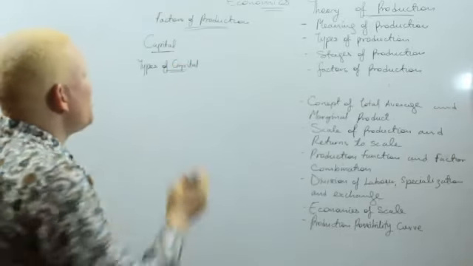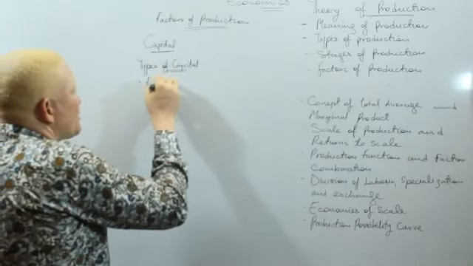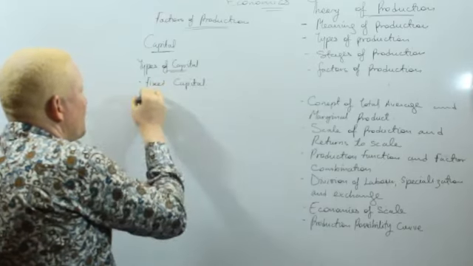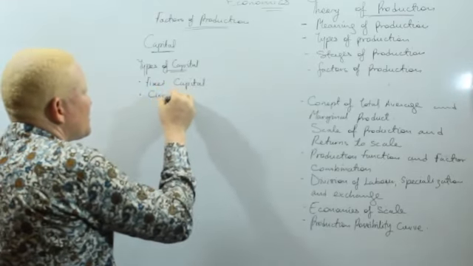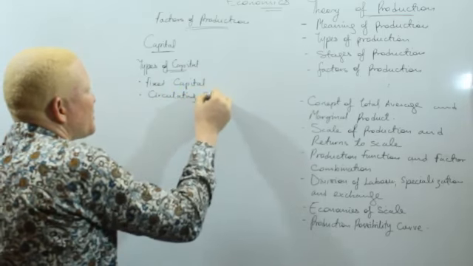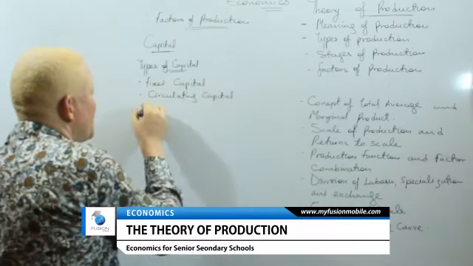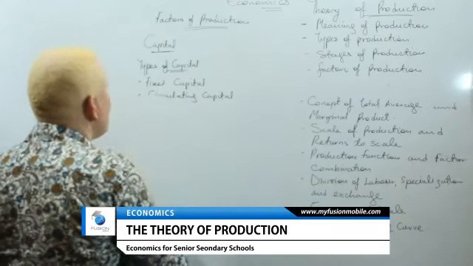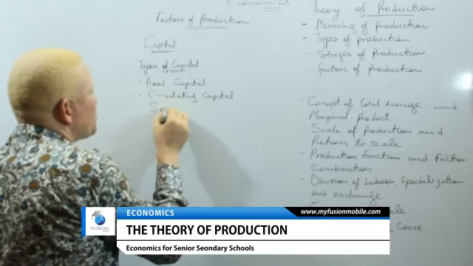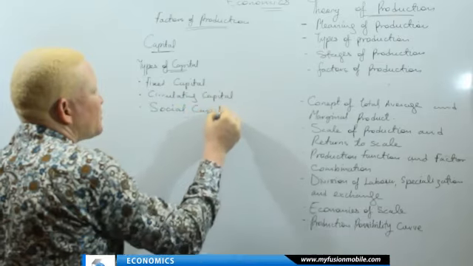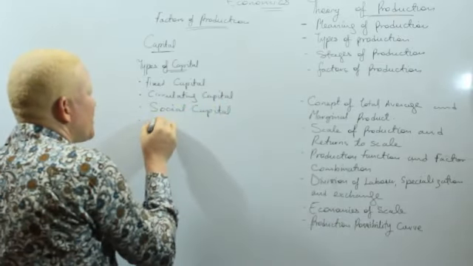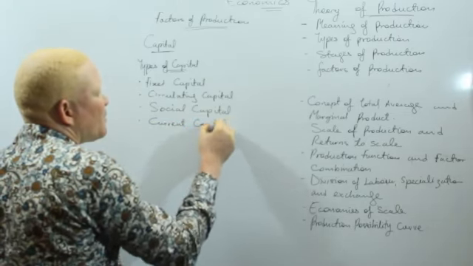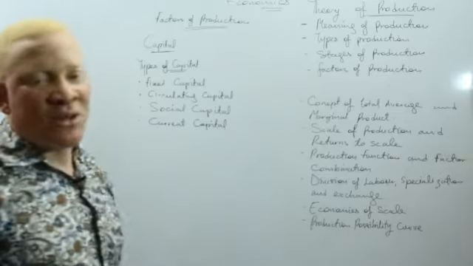Now, capital could be, we have the fixed capital, we have the circulating capital, we have the social capital, we have the current capital. This is as it relates to production.